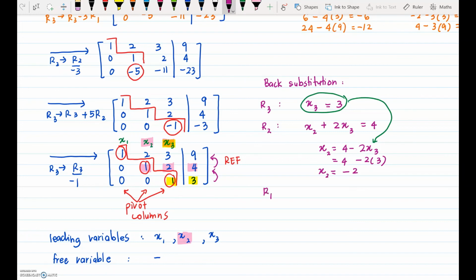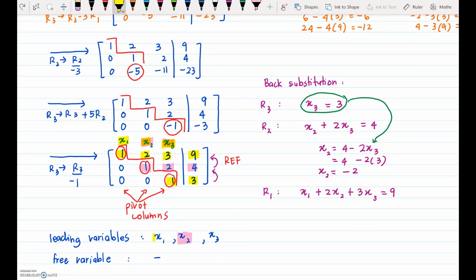And continue for row 1. We have here coefficient 1 for x1, coefficient 2 for x2, and coefficient 3 for x3. And lastly, we have constant 9. So in equation form, we will write x1 plus 2x2 plus 3x3 equals 9.